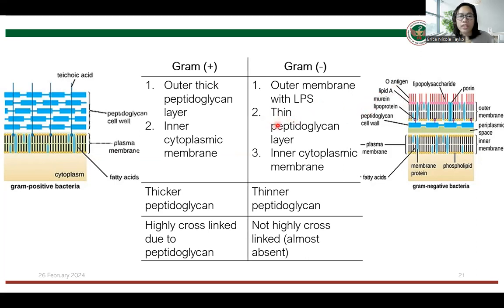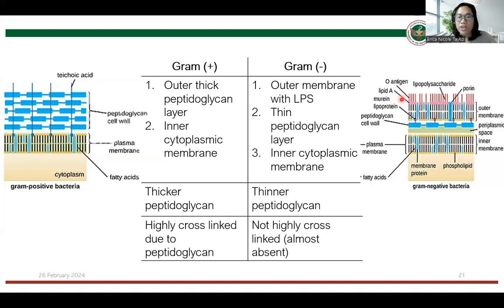Although it has a relatively thinner peptidoglycan layer, the gram-negative bacteria also has different components in their outer membrane. The outer membrane of the gram-negative bacteria contains what we call lipopolysaccharides.